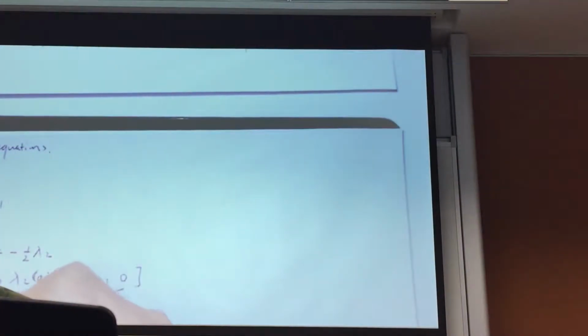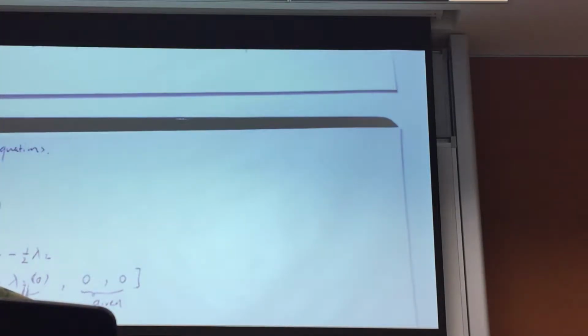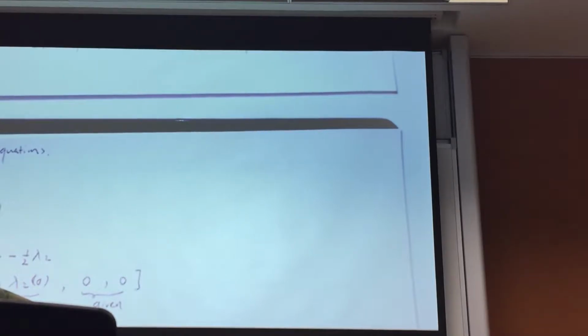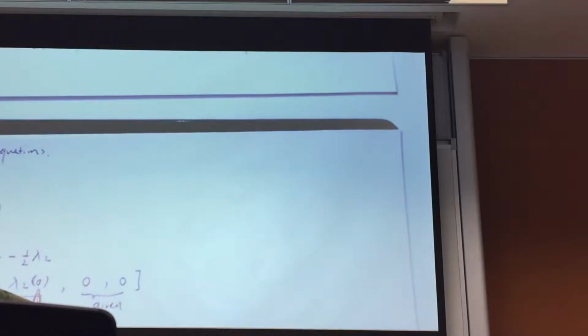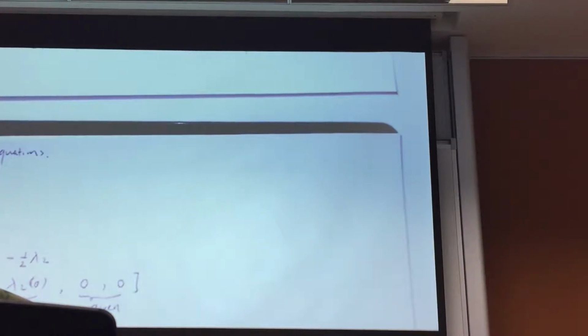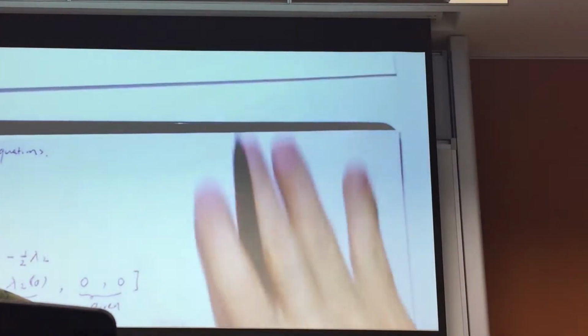So we need to wisely choose these 2 initial values for lambda 1(0) and lambda 2(0). But what is the criteria? How to choose these two values?